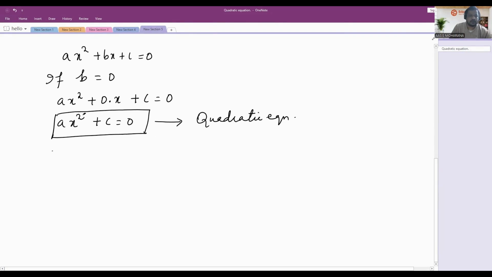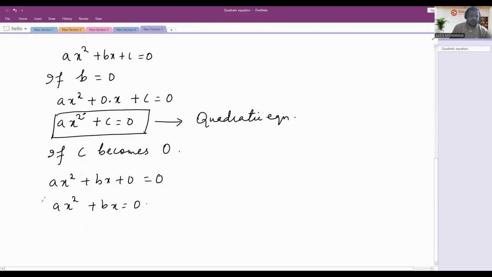Now, if c becomes 0, then the general equation becomes ax square plus bx plus 0 is equal to 0, or ax square plus bx is equal to 0. So here in this case, just have a look about the highest power or the degree of the equation.